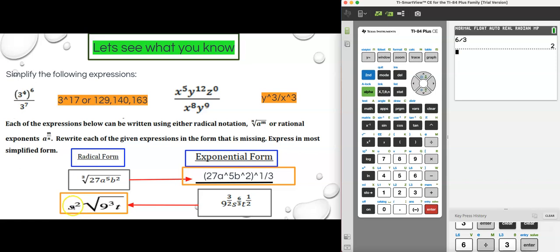So we just put that on the outside of the radical. And when you put things on the outside of the radical, remember they are being multiplied together, as displayed in the expression that they gave us. Okay, so let's move on.